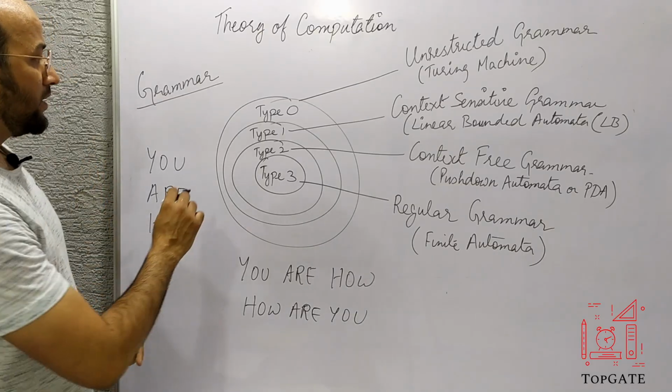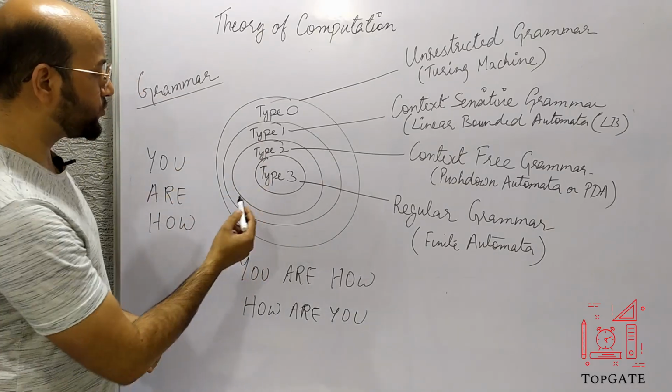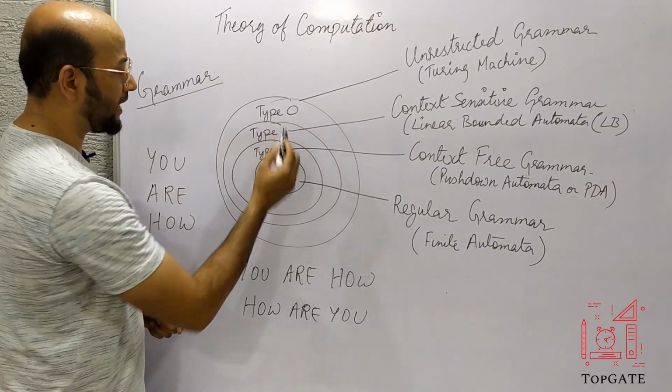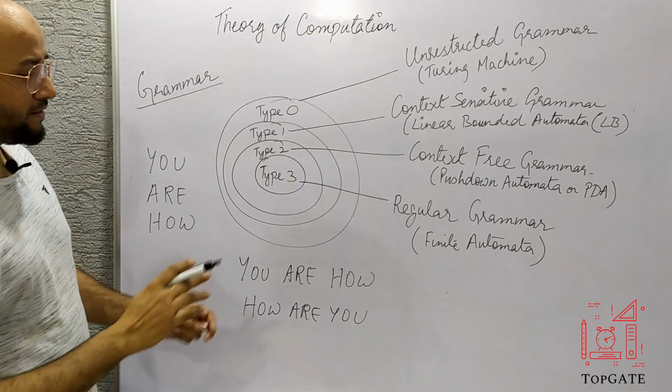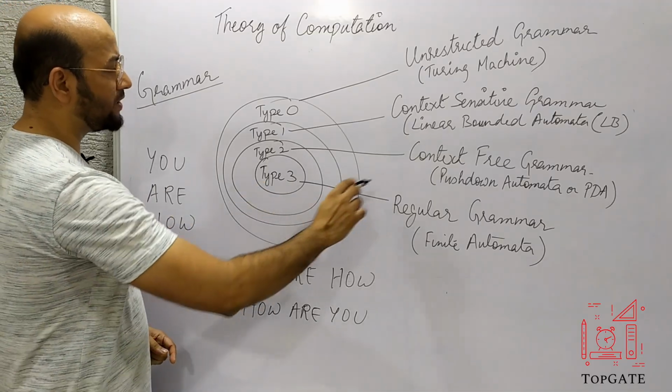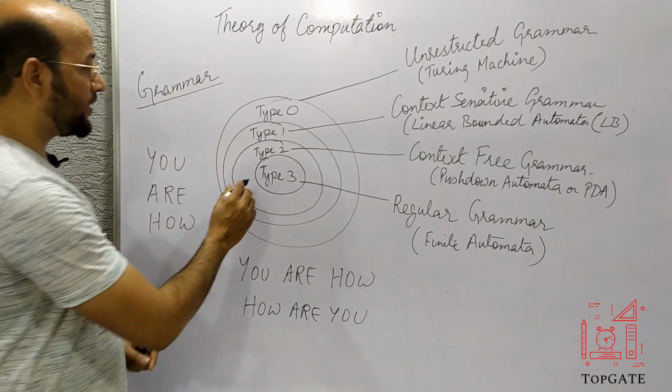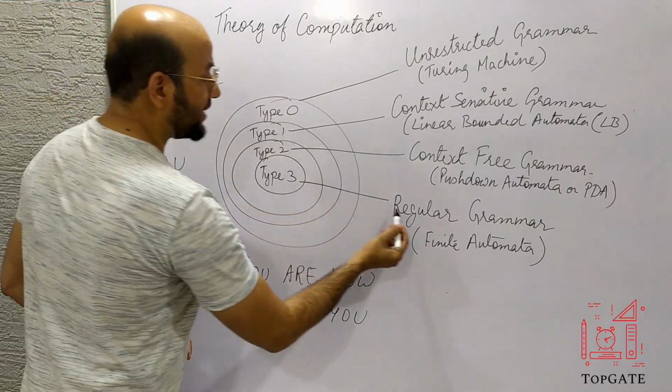Now grammar is of four types. The first one is a type 3 grammar. So we have type 3, type 2, type 1, type 0. I'll explain to you one by one, and in the upcoming videos we'll be discussing all these grammars and with which machine they can be implemented. So the first one, the type 3 grammar, is called a regular grammar.